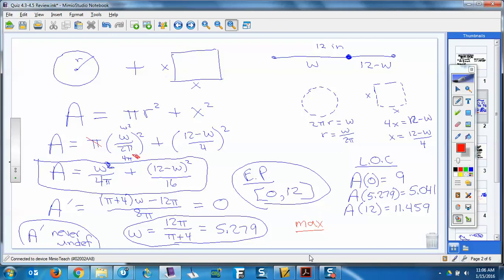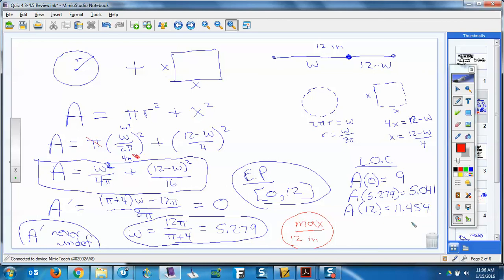W is the wire we're going to use for the circle. So the max was if we use 12, which is what Jamie told us, right? If we use all 12 inches for the circle, that's our max. They didn't want to know what the max area was, so I don't have to give them that number. I'm going to answer the question.